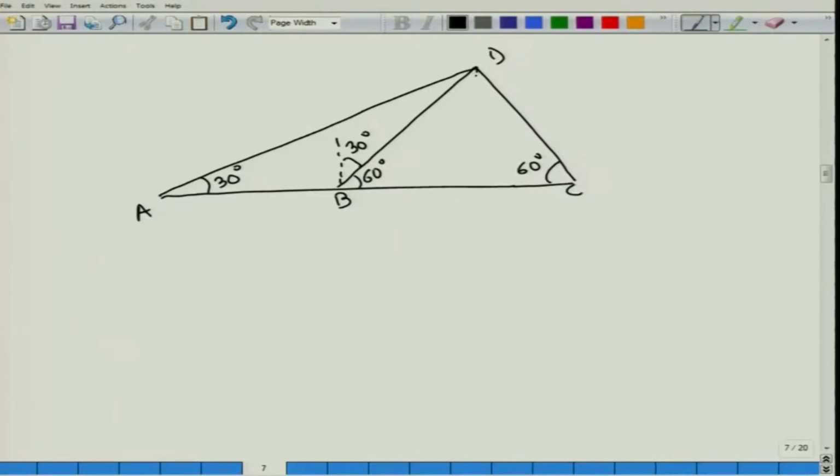Now, we can always draw a perpendicular from D to the side AC, let us call it E. Now, we are interested in knowing H. Now, this is given to be 25 meters, this is also equal to 25 meters. So, now let us consider BE to be equal to x. So, in that case EC will be 25 minus x.